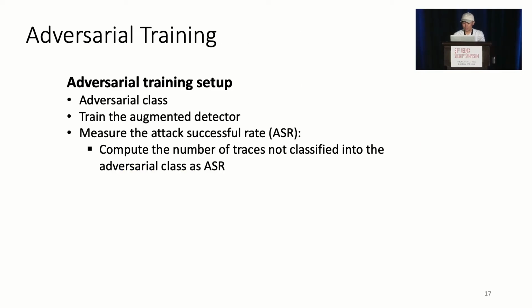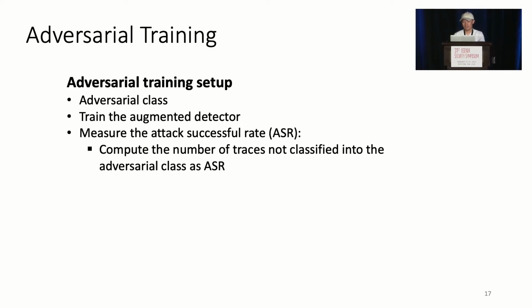Finally, we consider this most challenging or extreme scenario where we assume that the defender has knowledge of our attack. So when he designs the defense system, he will include that information in an adversarial training manner. So basically, he will have one more adversarial class and put all the evading samples generated by our attack into this class.